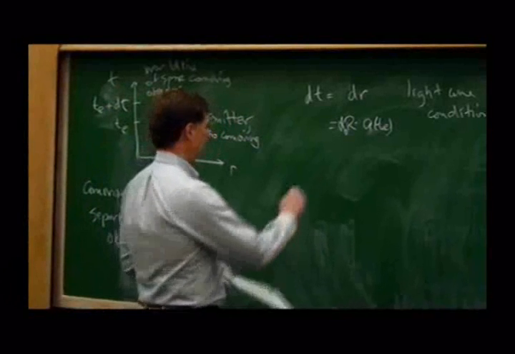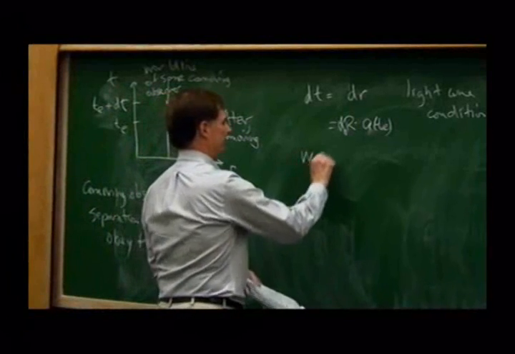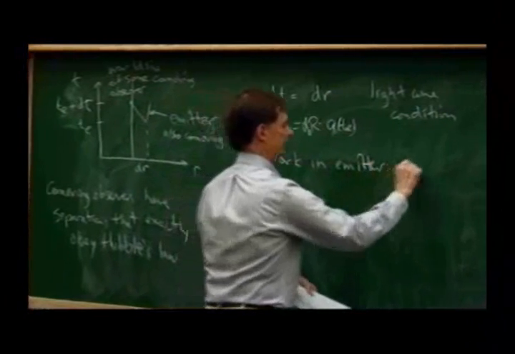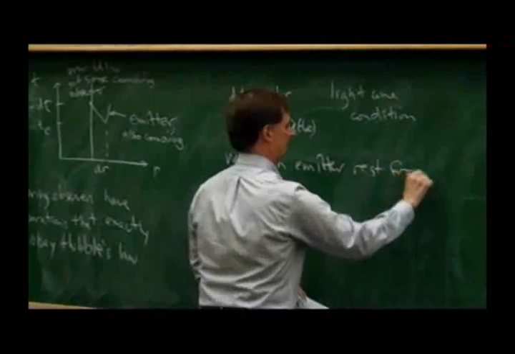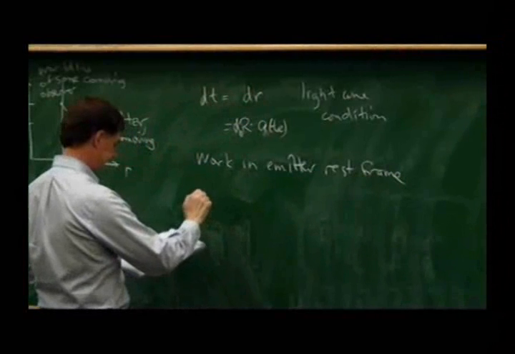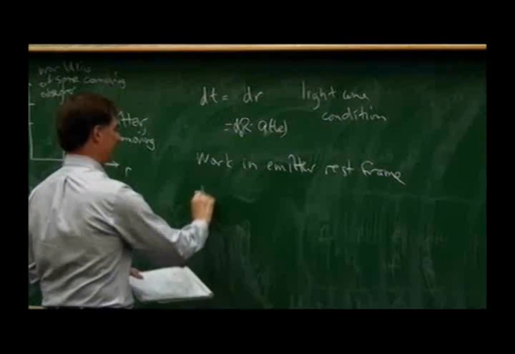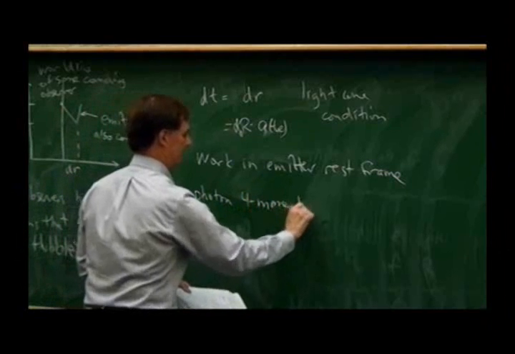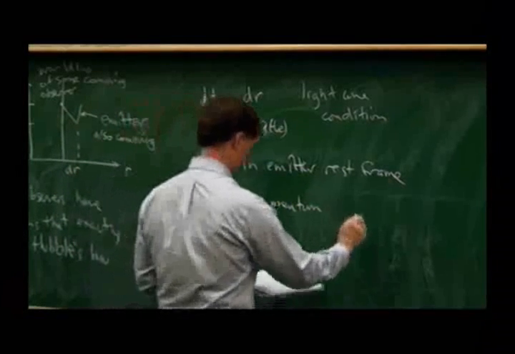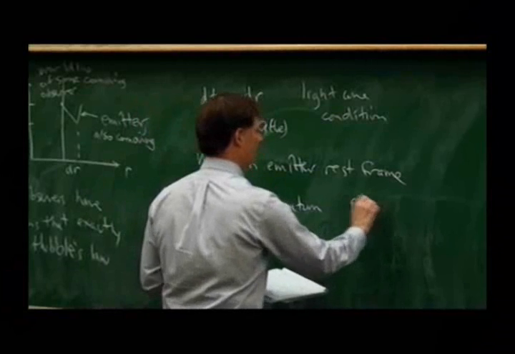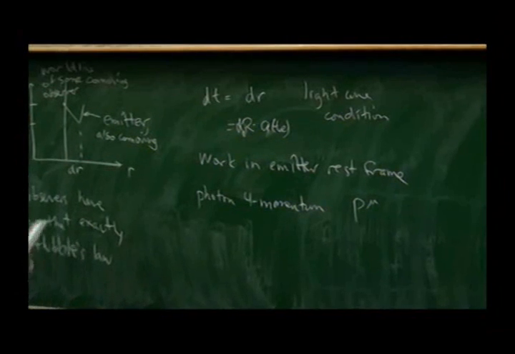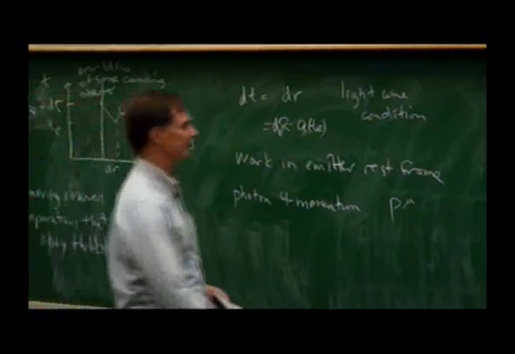Okay, so now I'm going to work in the emitter's rest frame and look at the photon four-momentum p mu, and this is all special relativity. So I'm taking a local Lorentz frame, special relativity.